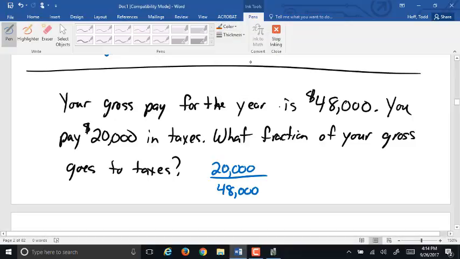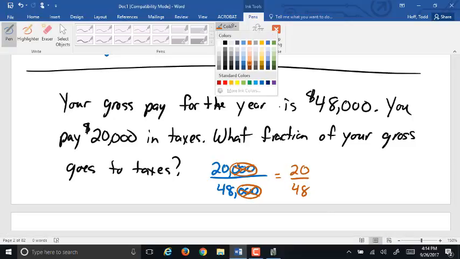Now there's some divisibility rules that we didn't discuss, but hopefully you guys know. I mean, if both numbers end in 0, they can be divided by 10. If they both end in 3 zeros, they can both be divided by 1,000, right? Or we can just cross off the number of zeros that they have in common. They both have 3, so we can cross off 3 zeros, leaving us with 20 over 48.